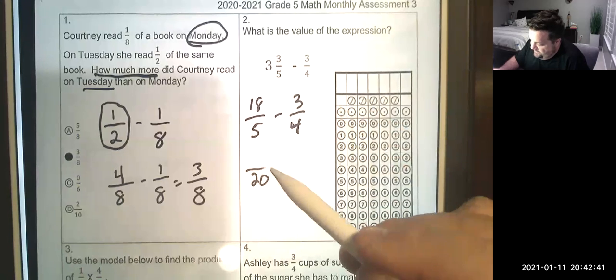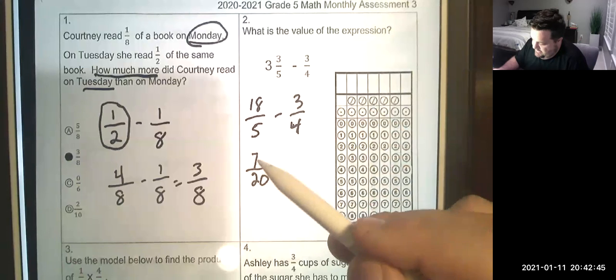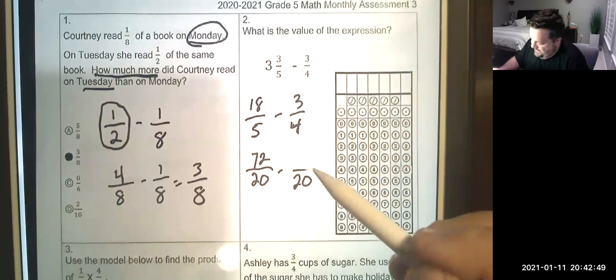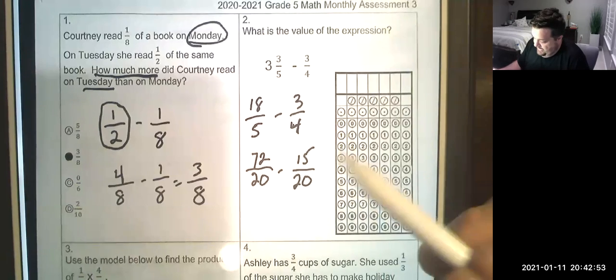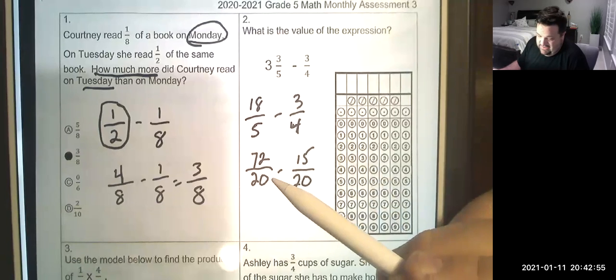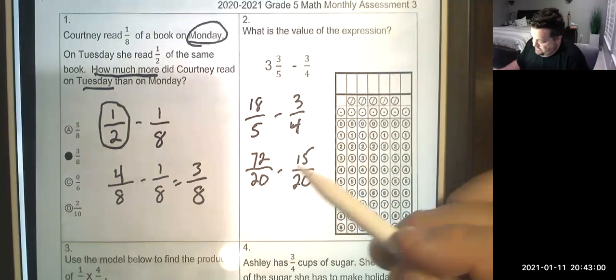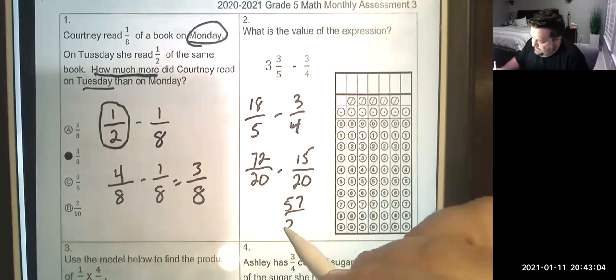So 5 into that 20 is a 4. 18 times 4 is 72, minus 20. 4 into there is 5 times that is 15. So now you can just subtract straight across, and that gives you 57/20.